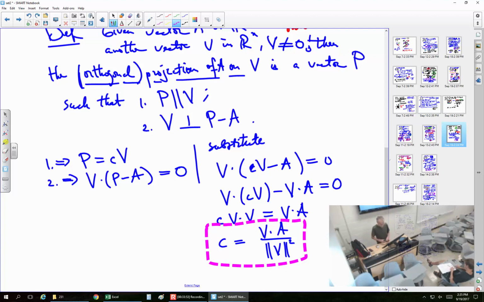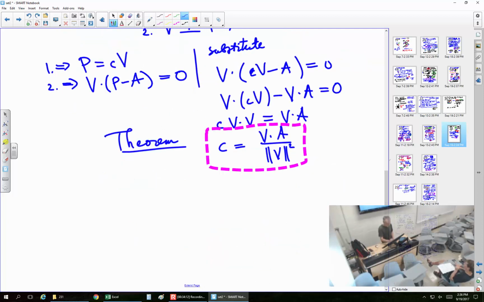Furthermore, for completeness, we want to expressly state what P is. It is C times V, which is V dot A divided by the magnitude of V squared, times V.